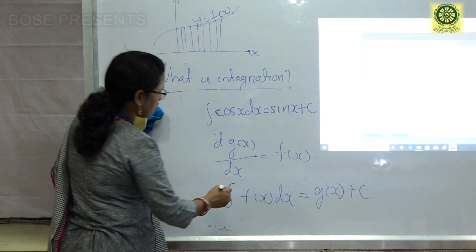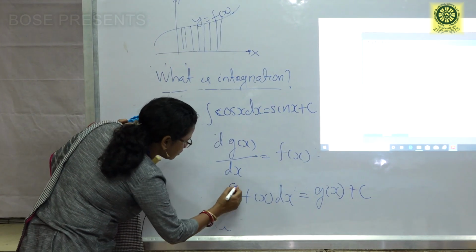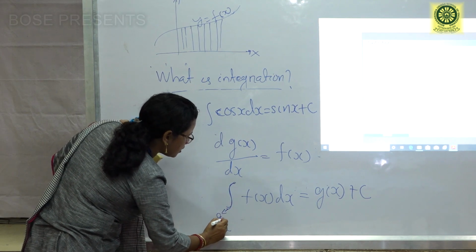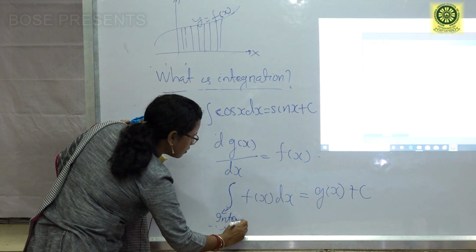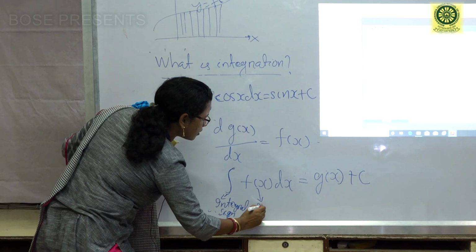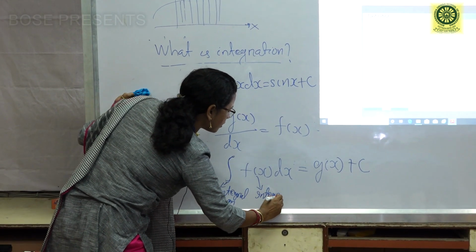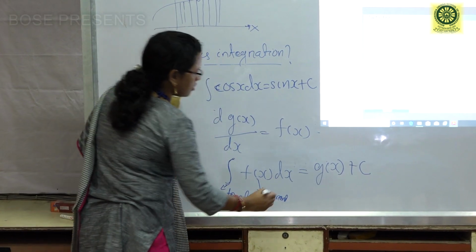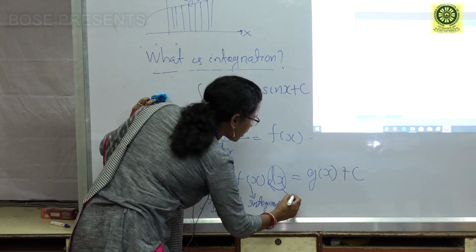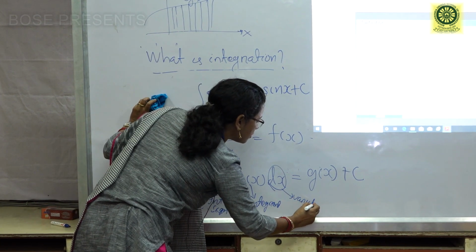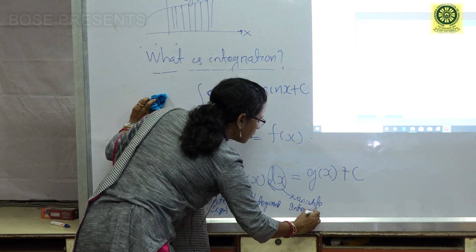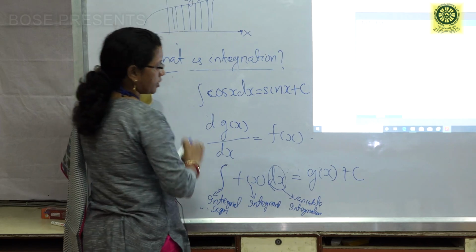Here, this is the integral sign. This is called the integrand of the process of integration. And this gives you the variable of integration, with respect to which we have to integrate the function.